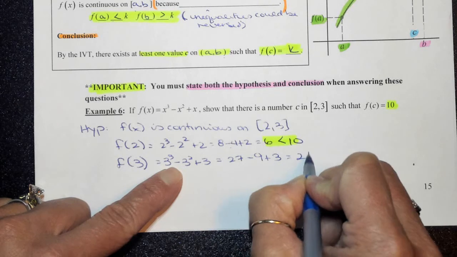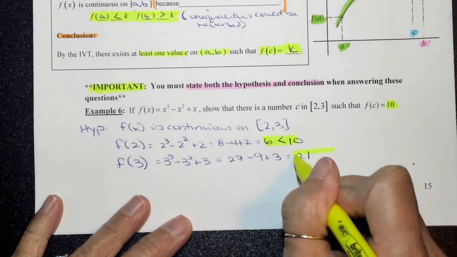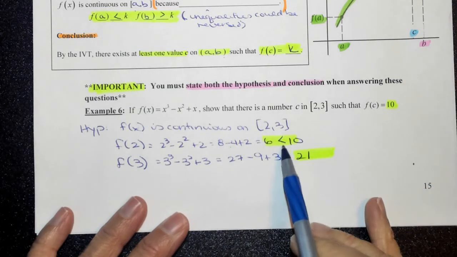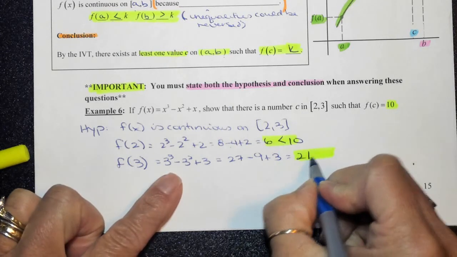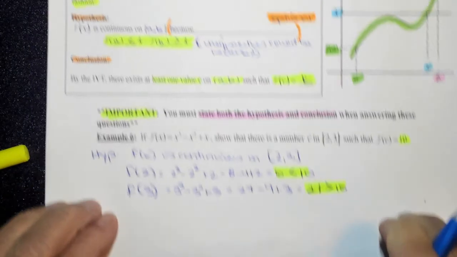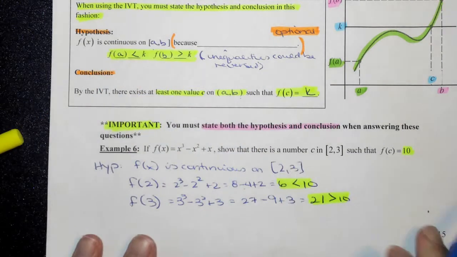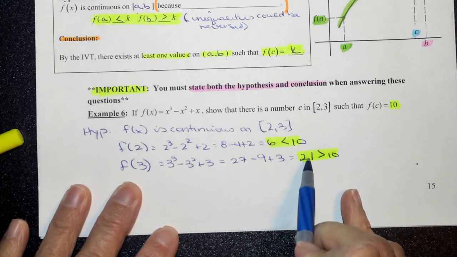So this is equal to 21. Now I need to identify, is 21 greater than or less than 10? And what I'm looking for is for this inequality to be in the opposite direction, meaning this is actually greater than 10. So if you go back here, see how this and that they're flipped. That's exactly what you want, because what we're saying is one value is below and one value is above.